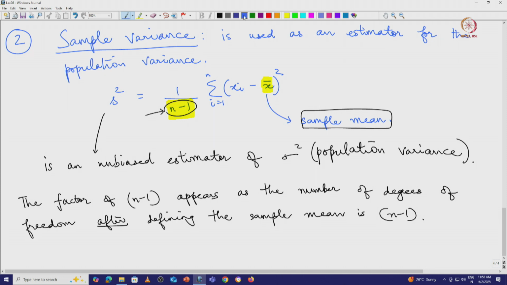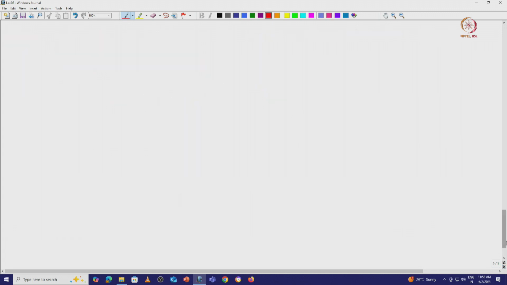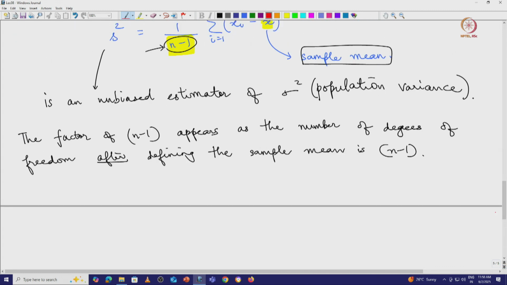Now, it is possible to define the sample variance without the factor of n minus 1, and it is done sometimes. So, that is denoted as S tilde squared, and here you have 1 over n sum i going from 1 to n of xi minus x bar whole squared.